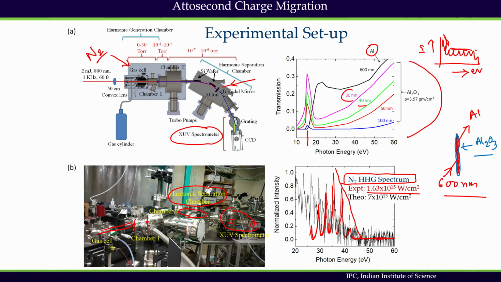And if we have such a film, we see that from 20 eV to 40 eV or 50 eV, there is a sloping increase in the transmission. And that is exactly what is showing up here. 20 to 40 eV is a sloping increase in transmission. So this sloping increase in transmission is due to the filter which we use. It is not because of the behavior of the HHG.